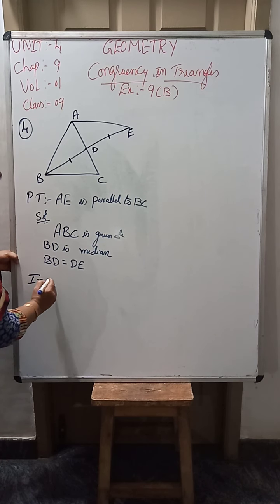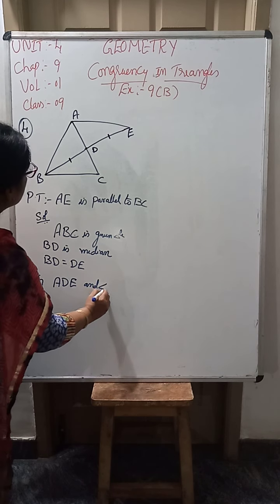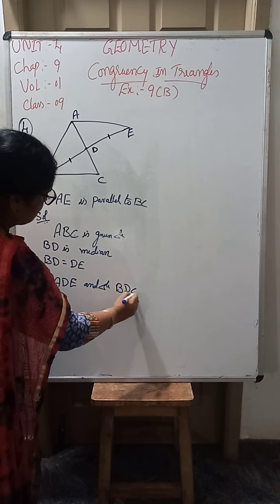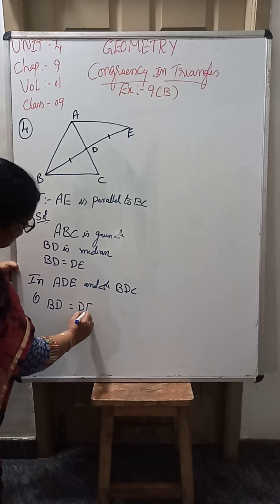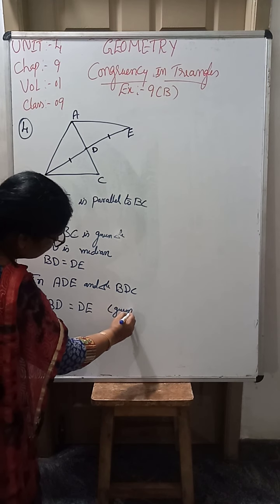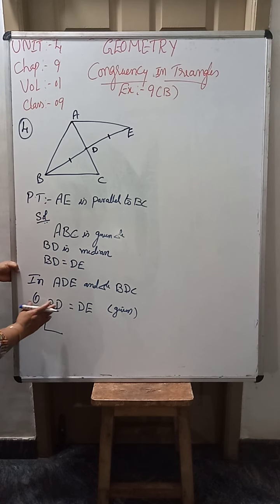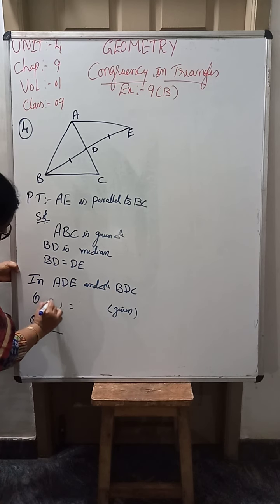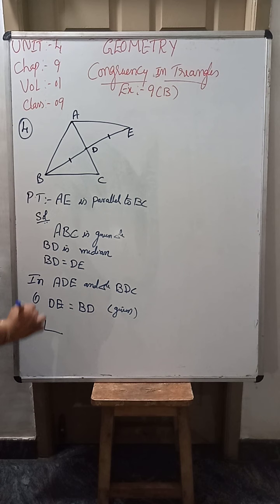In triangle, now let us prove. In triangle ADE and triangle BDC. First one, BD is equal to DE, given. Second one, because first we have taken this much, this has to be written first. DE is equal to BD. Okay. BDC.